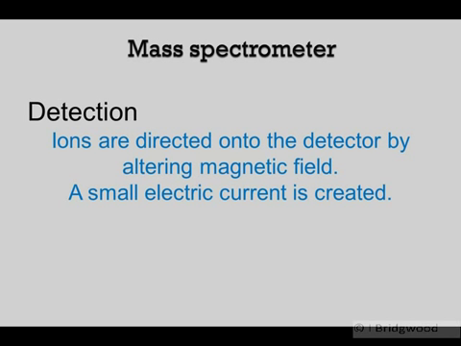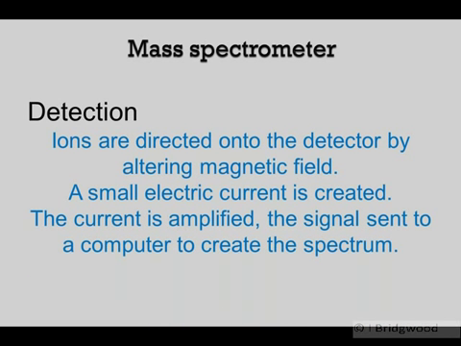And of course that means that the electrons will shuffle along the wire, creating an electric current. It'll be a very small current, but the size of the current will depend upon the number of particles hitting the detector at a particular time. But that current can be amplified and then either sent to a computer or sent to a chart recorder and displayed as a spectrum.